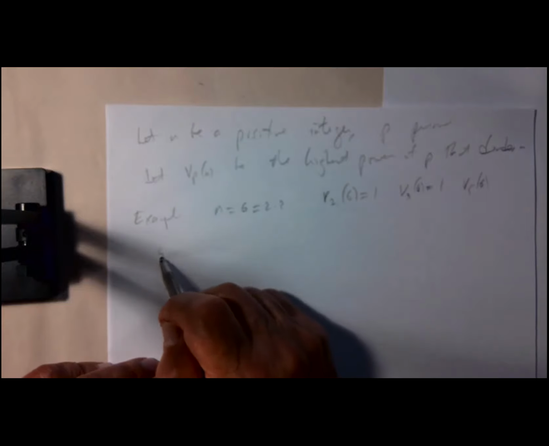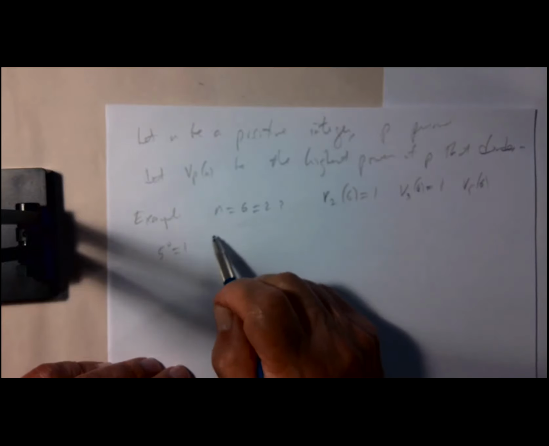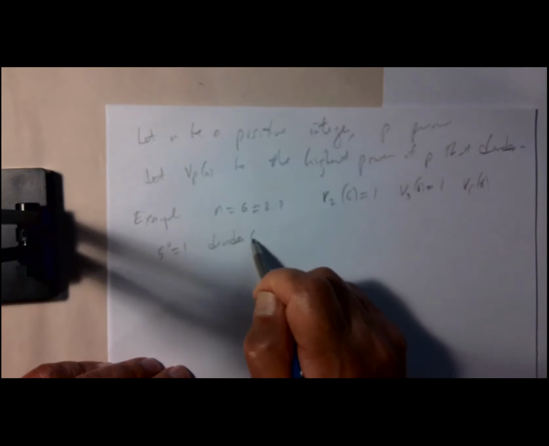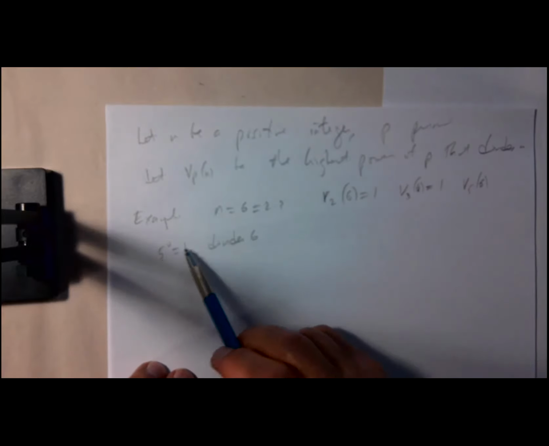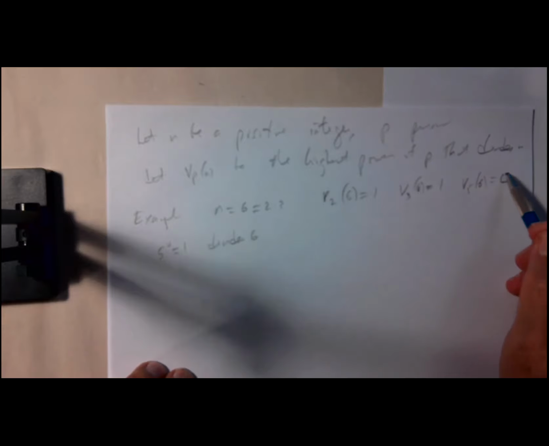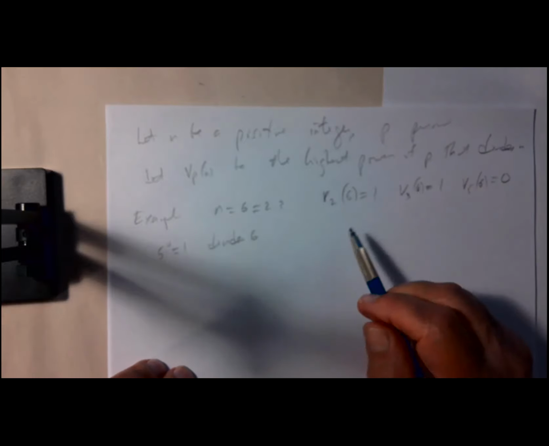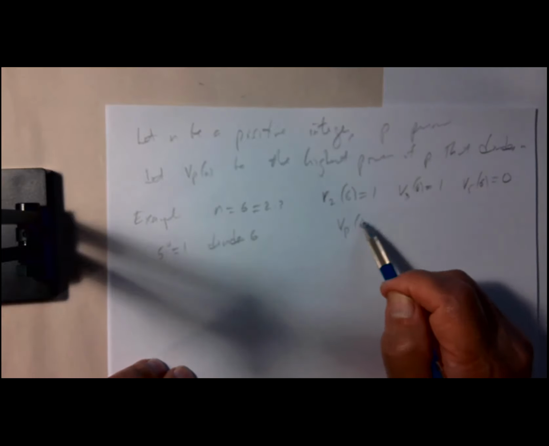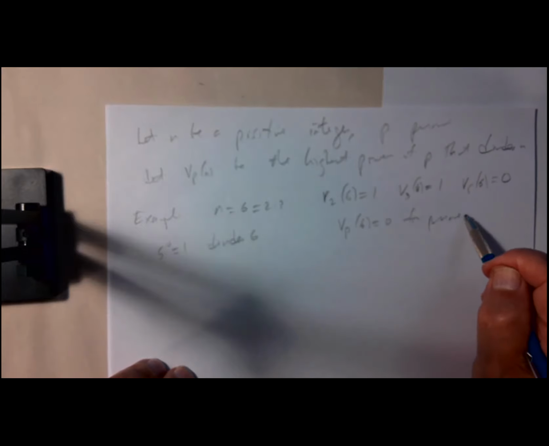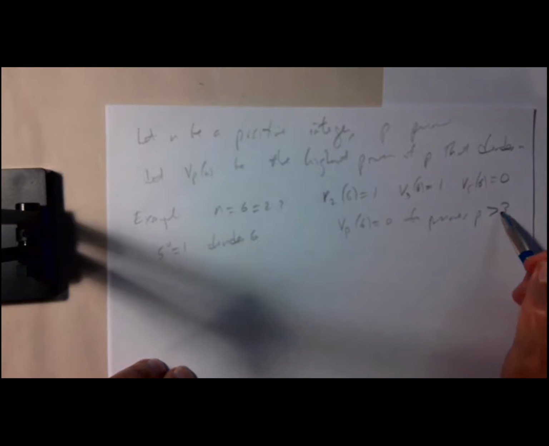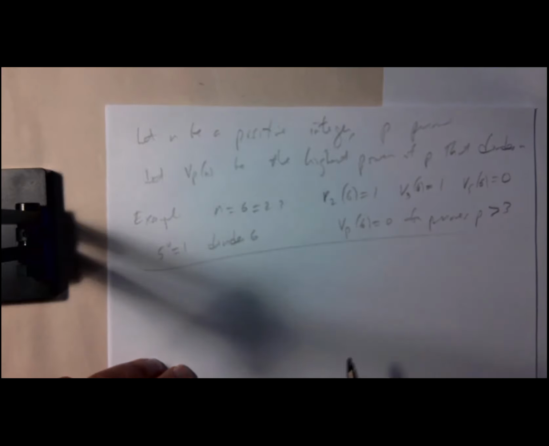So, of course, 5 to the 0 is 1. 1 certainly divides everything. 1 divides 6. So the highest power of 5 that divides 6 is the 0th power. And in fact, v sub p of 6 is 0 for all primes p except 2 and 3, all primes p greater than 3.